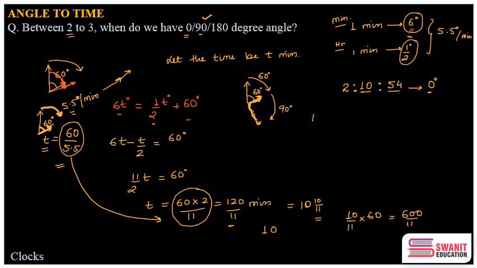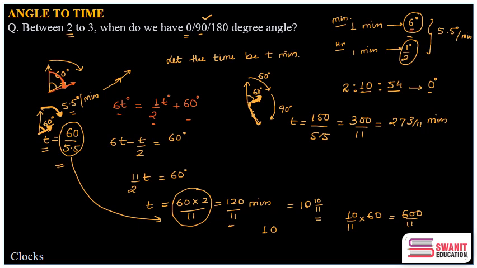So overall movement will be 150 degree at the speed of 5.5 degree per minute, and that's the time I was looking for. So it will give me 300 upon 11 when I remove the decimal and convert 5.5 into 55. Upon solving, 11 twos are 22, 11 sevens are 77, it gives 3 by 11 minutes.